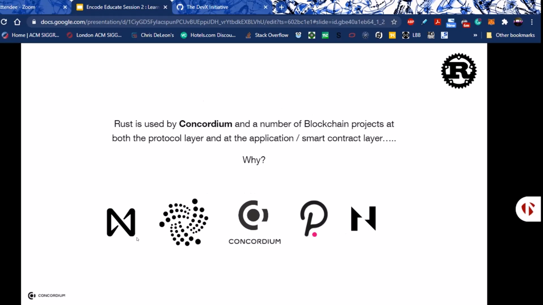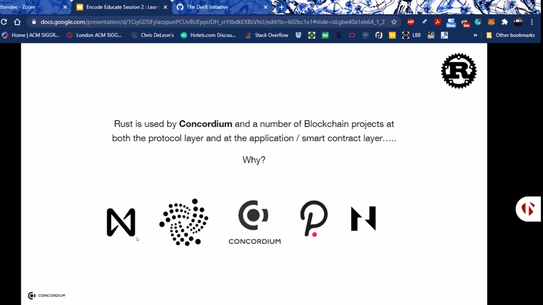Some of the prominent new generation blockchains that are really going to make an impact that are using Rust include Polkadot, Nervos, IOTA, which have just ported over a lot of their core implementation into Rust, and Near Protocol.